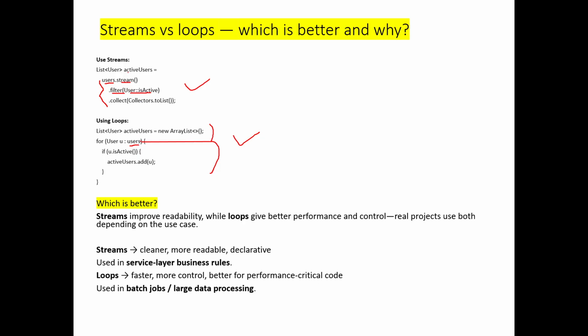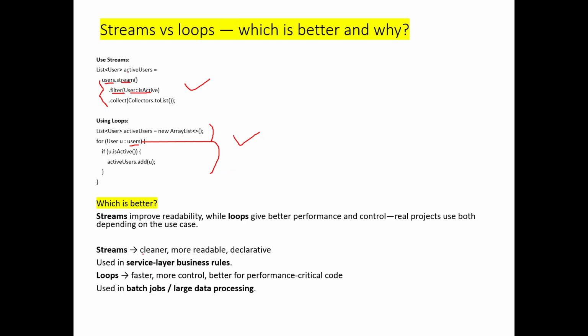So stream is not better performance-wise, but in case of stream, the readability is very good, and it is very concise and very smooth to see. But with loops, whenever we have a larger volume of data, it will be faster.